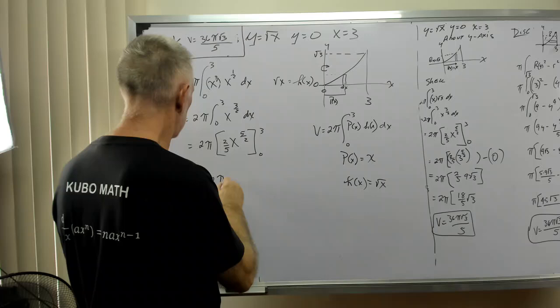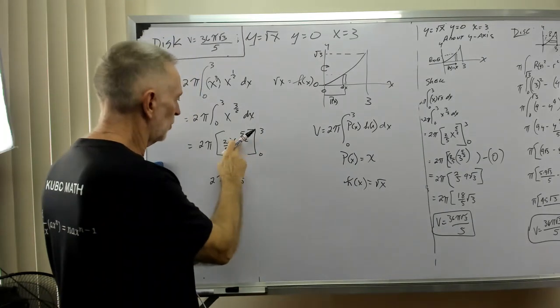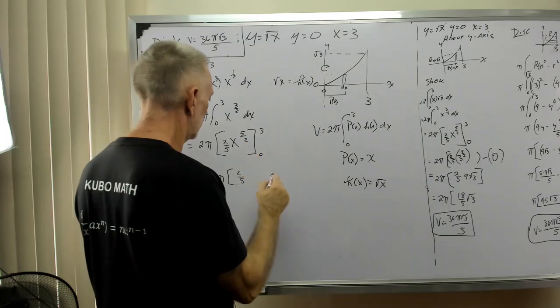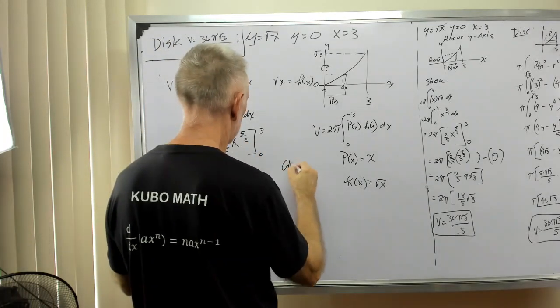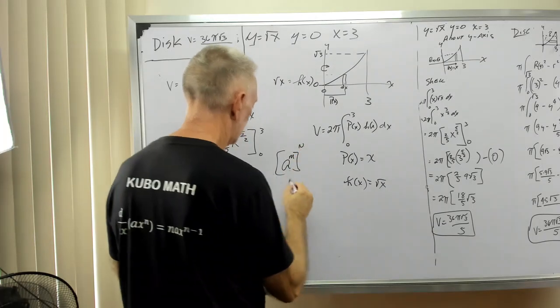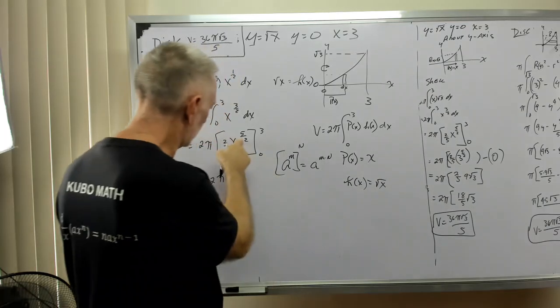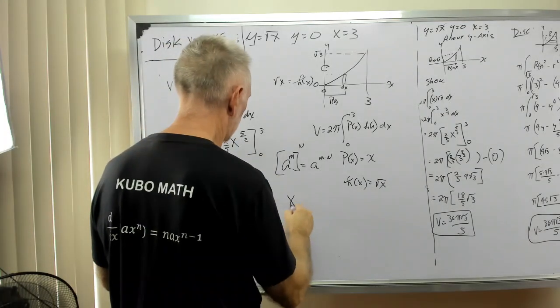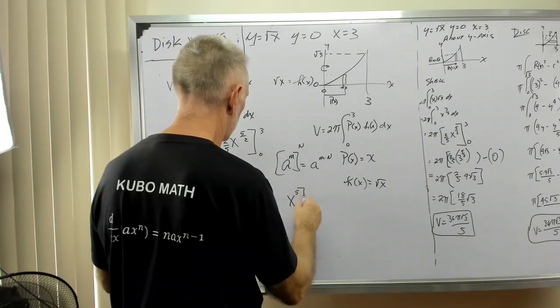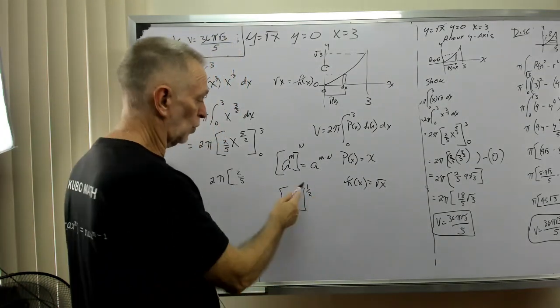So 2 pi times 2/5. So now I'm raising 3. You recall the rule here, a to the m to the n equals a to the m times n. That's what I have here. I have x raised to the 5th power to the 1/2, to the square root.